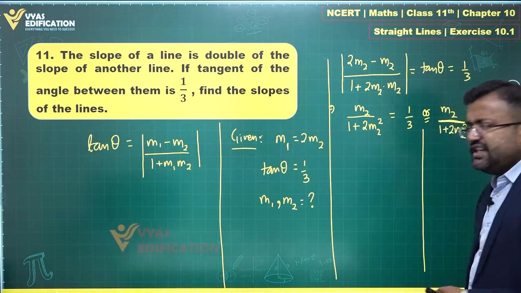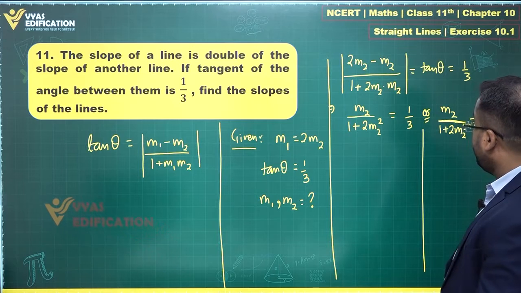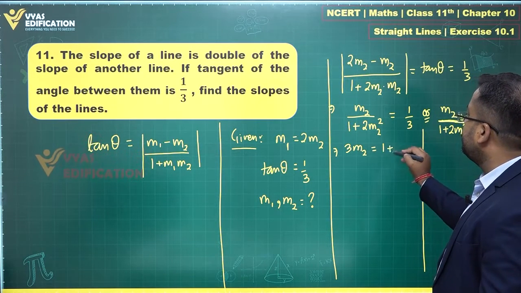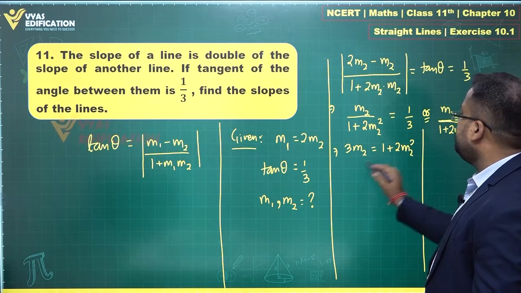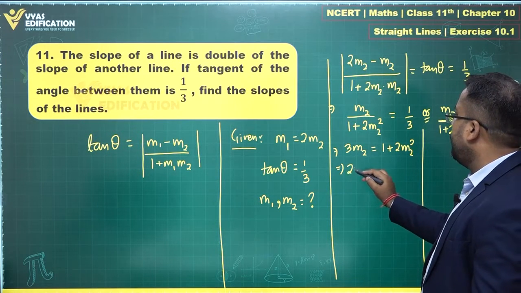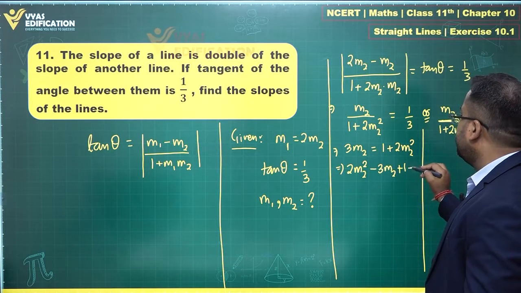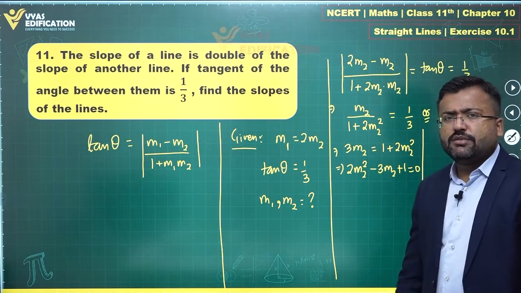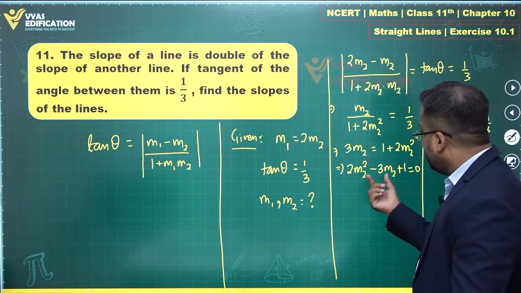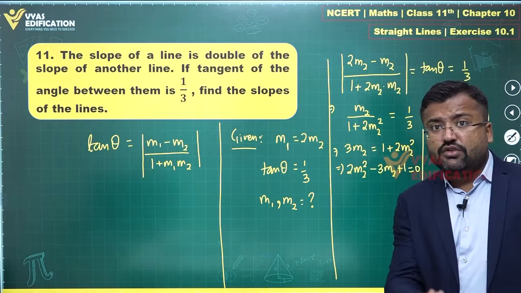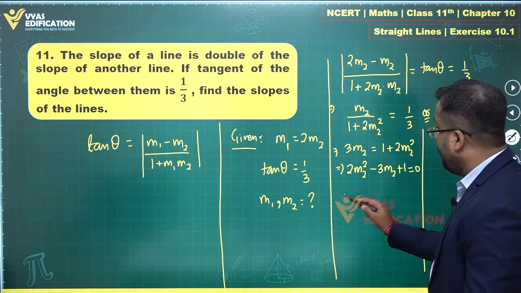Let's solve these two parts separately. This gives me 3m2 equal to 1 plus 2m2 square, or 2m2 square minus 3m2 plus 1 is equal to 0. Using concepts of quadratics or simple factorization, you see that 2 minus 3 plus 1 is 0, so substituting m2 equal to 1 gives 0. m2 equal to 1 is a solution.